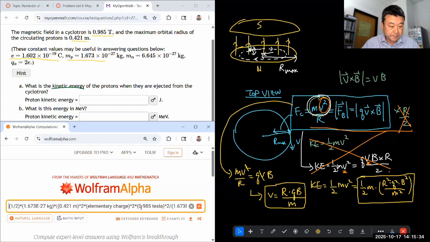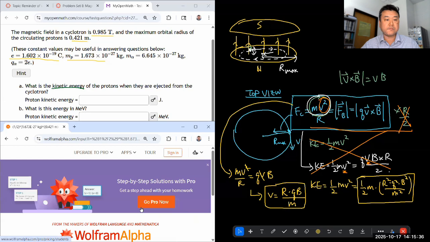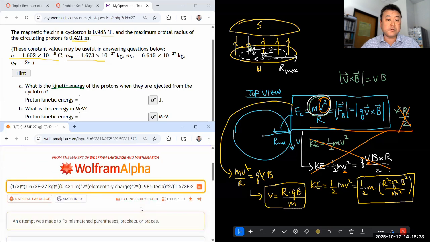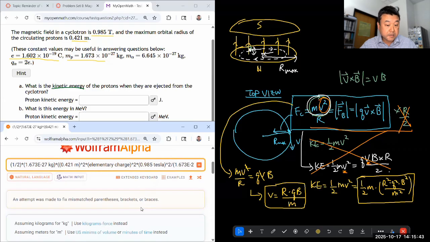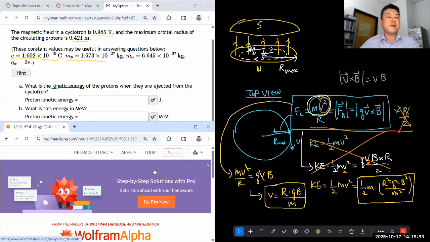But it's fine. So this should give me the kinetic energy of protons, and it'll give me the number in a couple of different units. Wait, is something missing? Oh yeah, I think I forgot to close that parenthesis here.